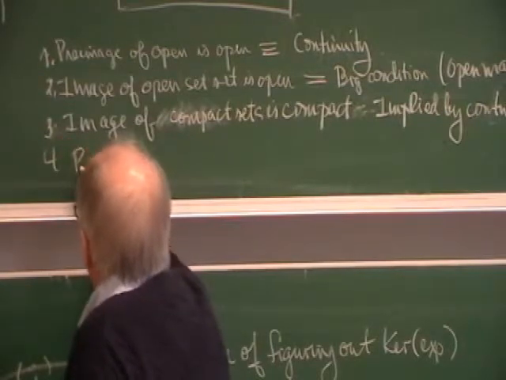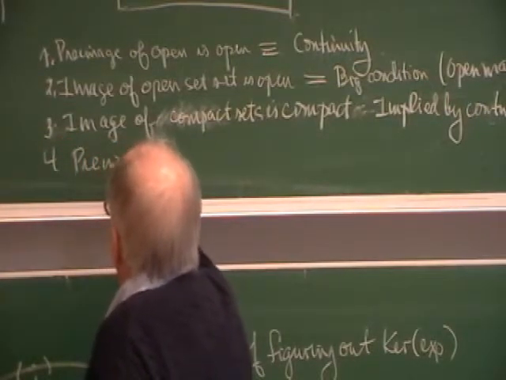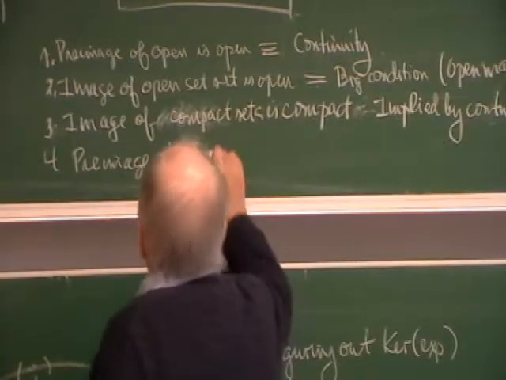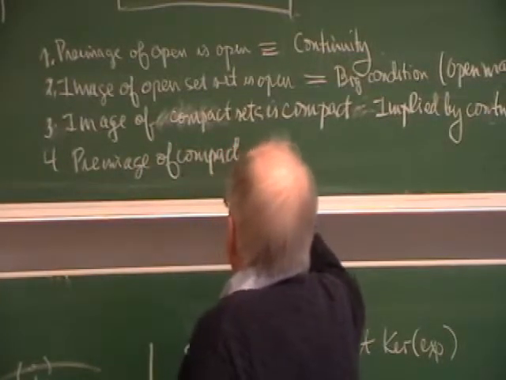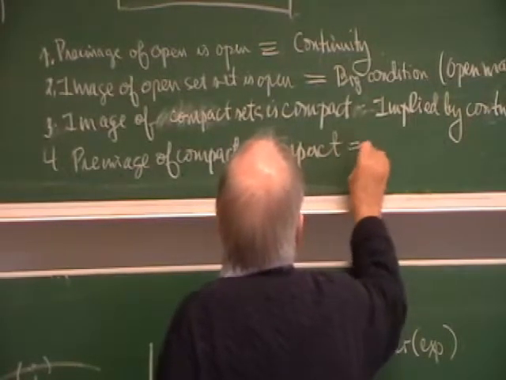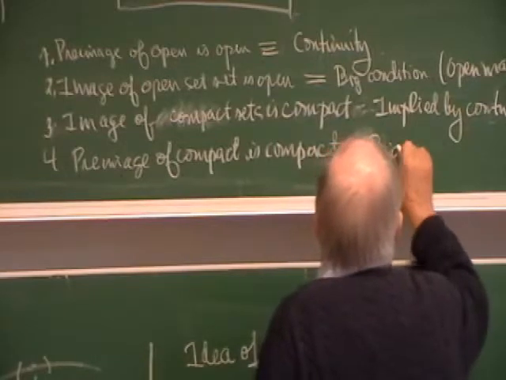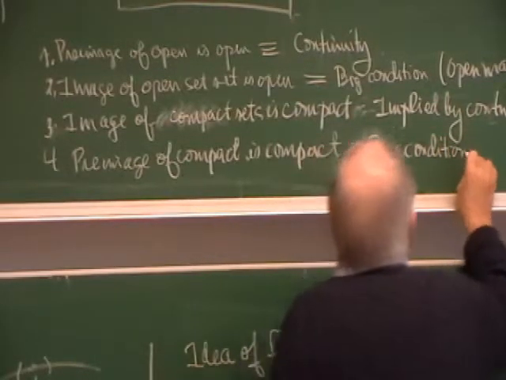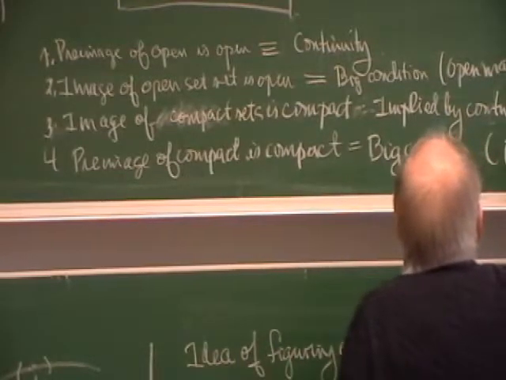Pre-image of compact is compact. And this is a big condition. And this condition we call proper map.